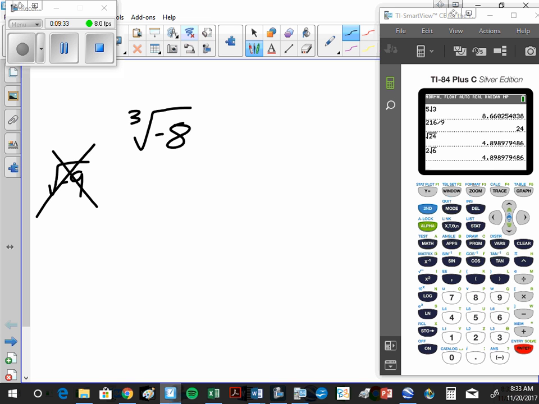But when you do cubed roots, what number times itself is -8? -2. So anytime you have a negative inside a cubed root, that negative can come to the outside.